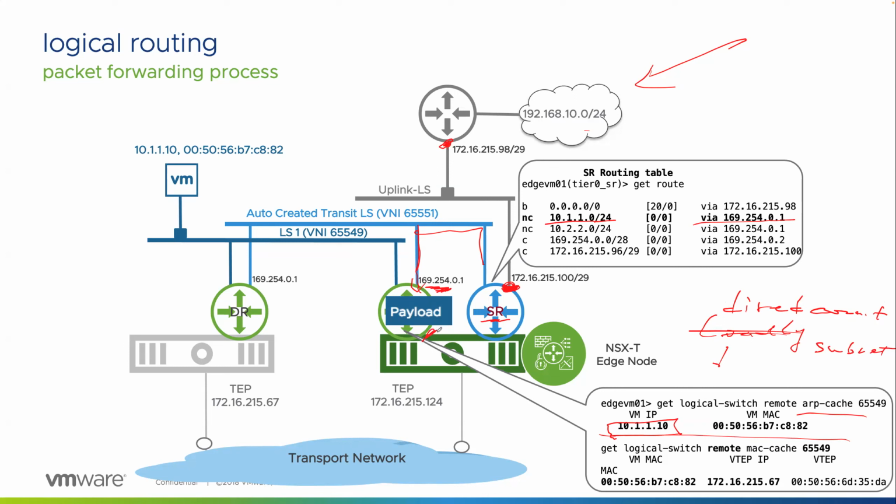From a routing perspective, but when they check the forwarding table, that means how we reach out to this VM, how the packet goes out to the destination, they have to use a Geneve tunnel because the destination VM is on another transport node.